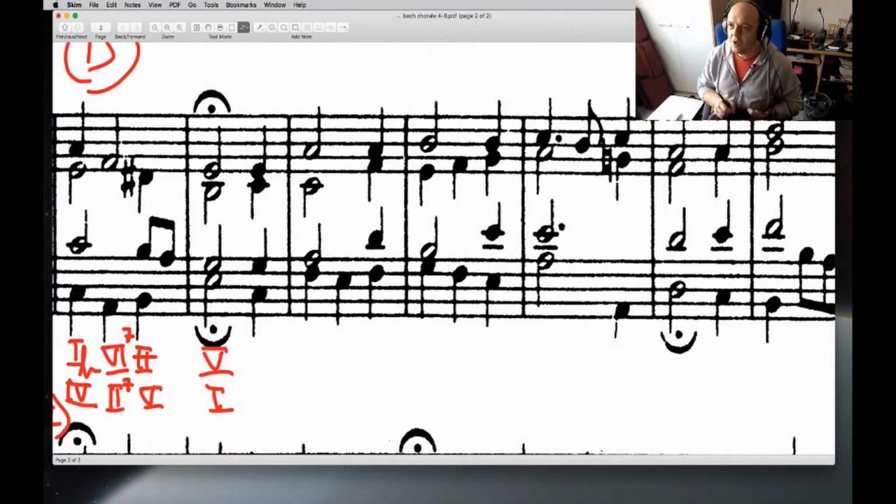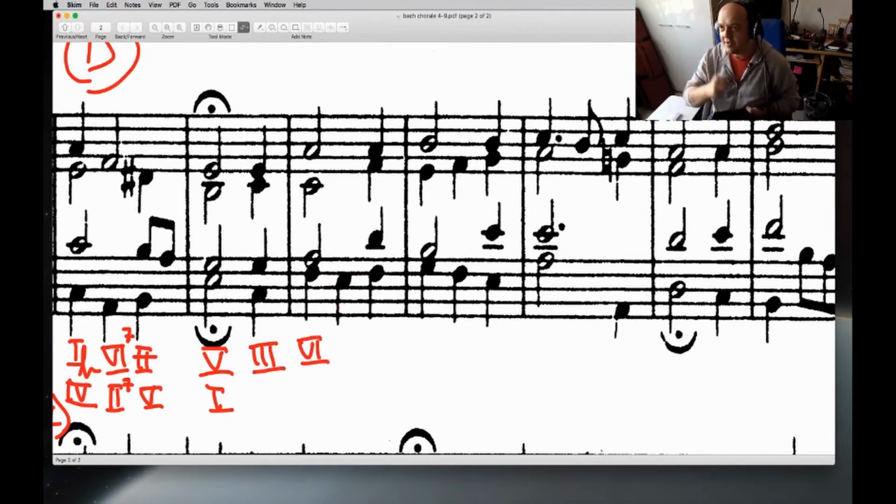So, okay, this is 3, 6, 3, 6. That's just a lower auxiliary. It's the 7th of the chord in the bass, but just as a lower auxiliary. 3, 6. This is 4. 4 in first inversion.